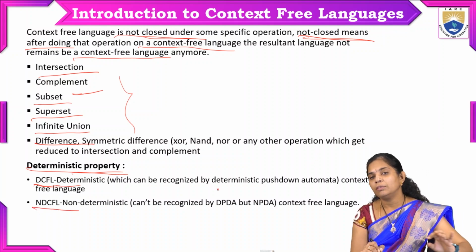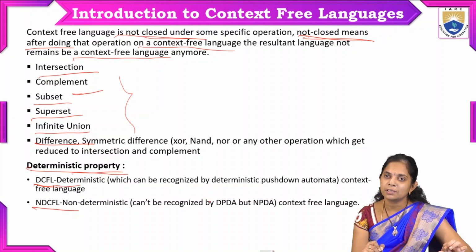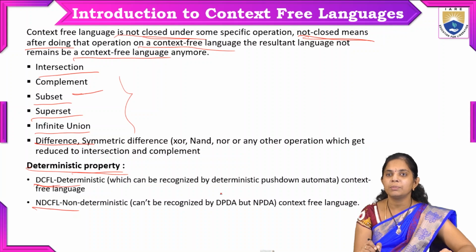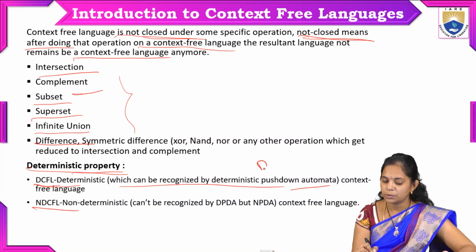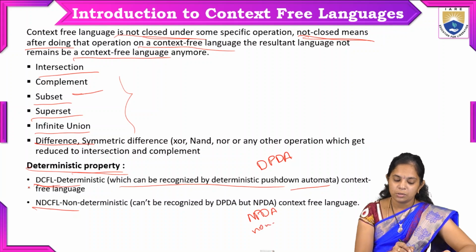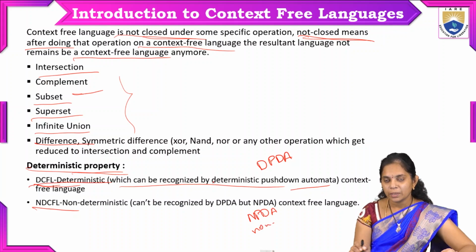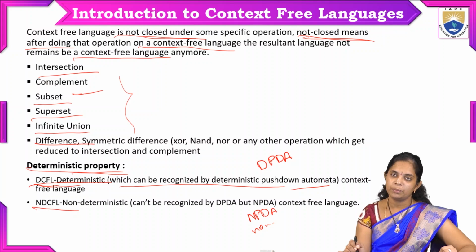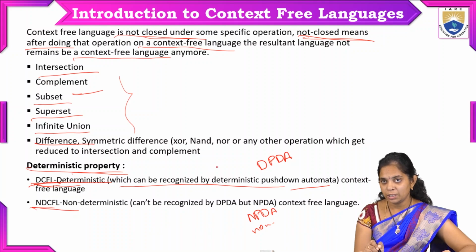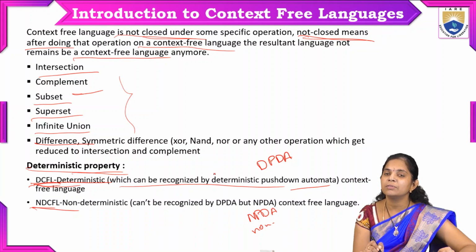Till now we discussed finite automata. Now we will discuss determinism and non-determinism in context free languages. A language which can be recognized by a deterministic pushdown automata, DPDA, is called DCFL. NPDA is non-deterministic pushdown automata, and the language recognized by a non-deterministic pushdown automata is the non-deterministic context free language.